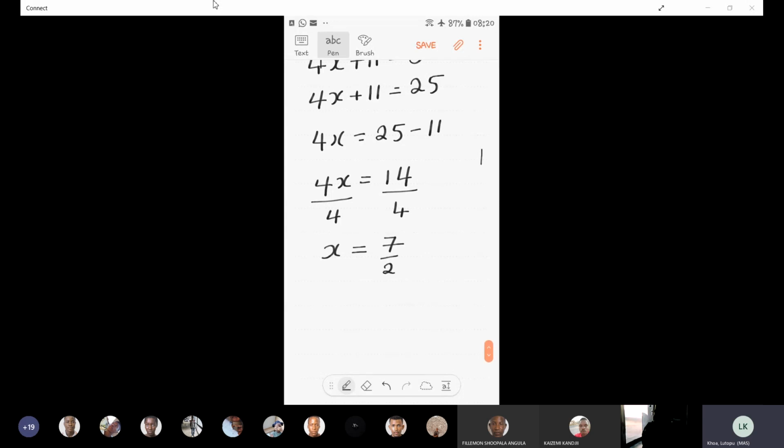Now, if this is a question on e-learning, please remember that it is necessary to write this as a decimal, and the number of decimals you use must be the ones specified in the question. So if it says 3 decimal places, this is what you should write, 3.500. We're trying to test, are you able to write any number to a given number of decimal places?